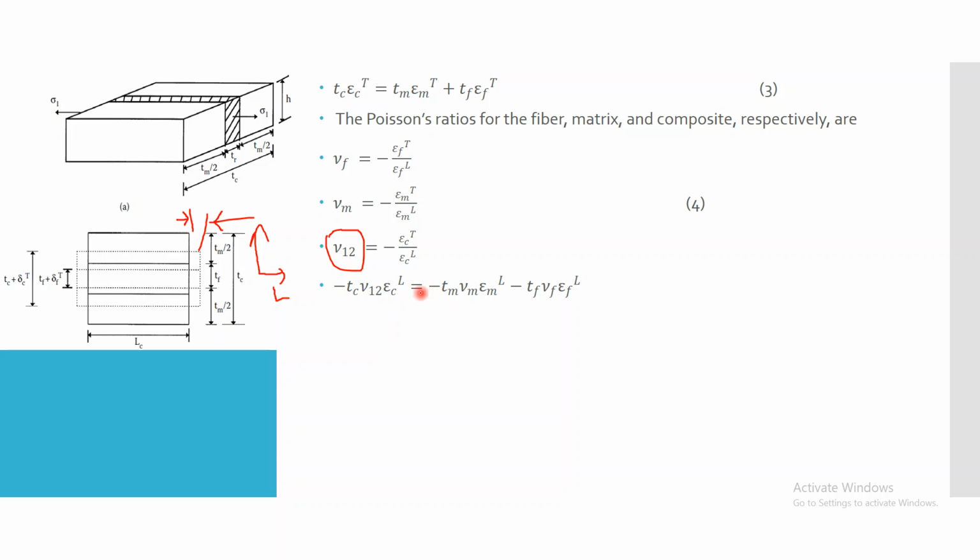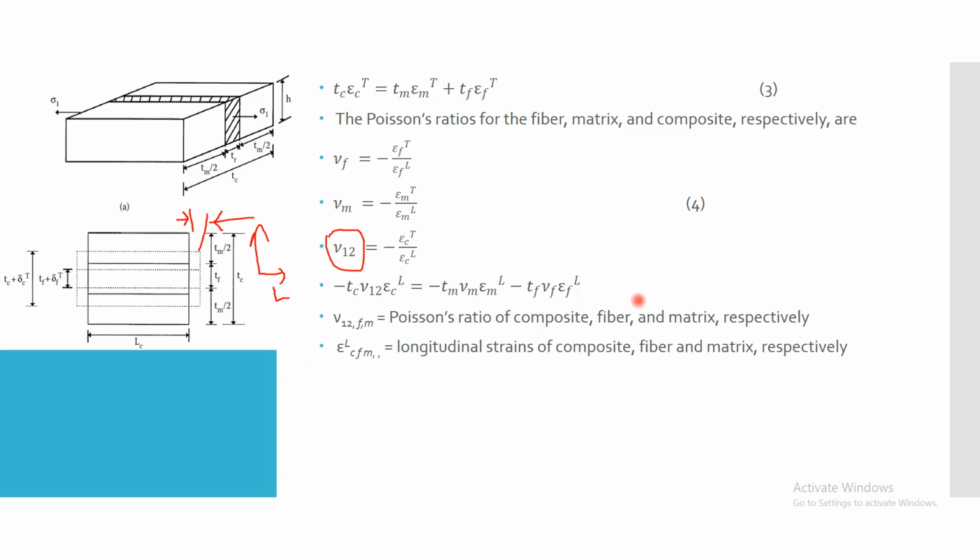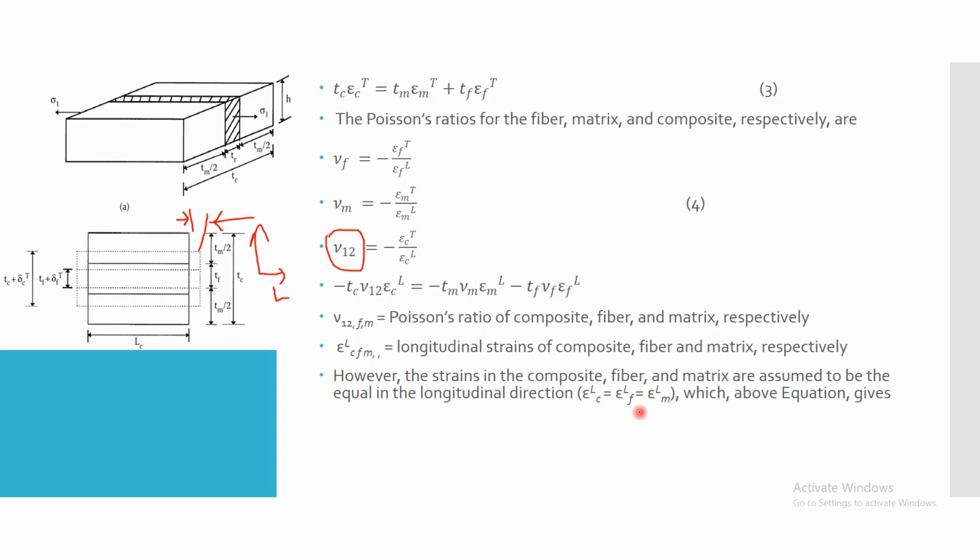So that is epsilon C, epsilon M and epsilon F are equal. These are all the indications. So these strains are equal. Since these strains are equal, we can cancel that as well as the negative sign.